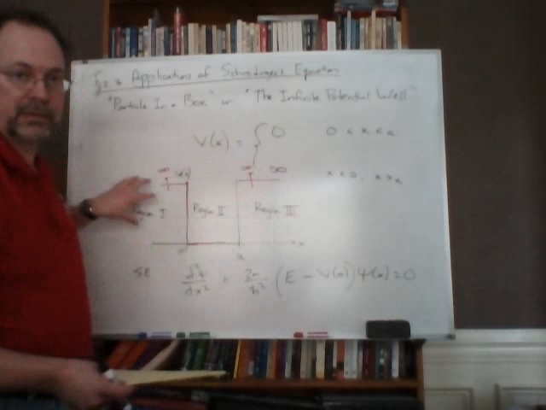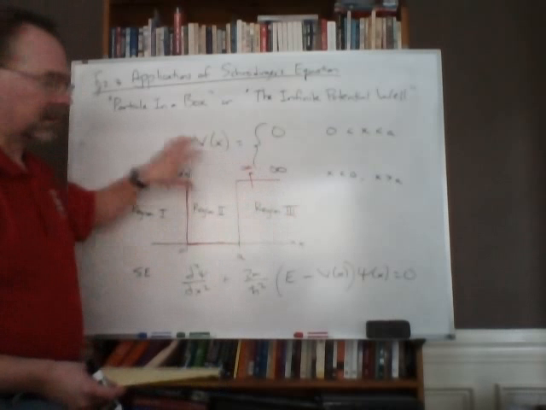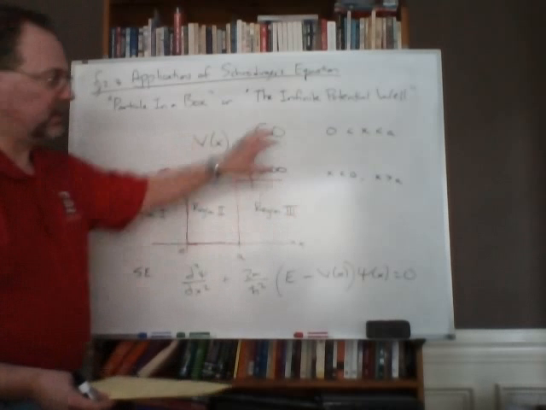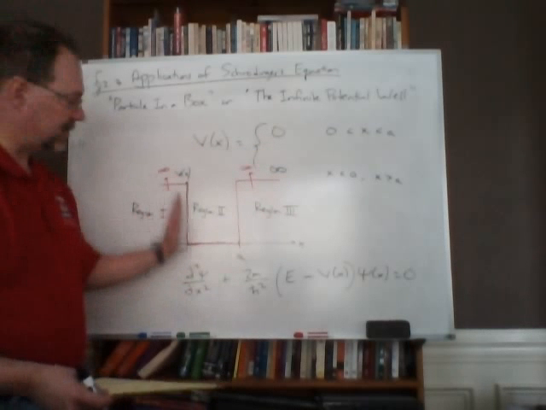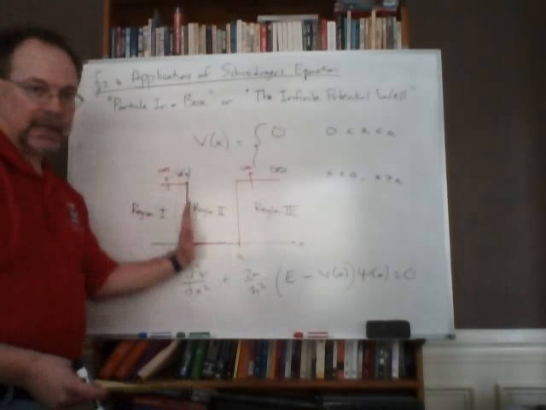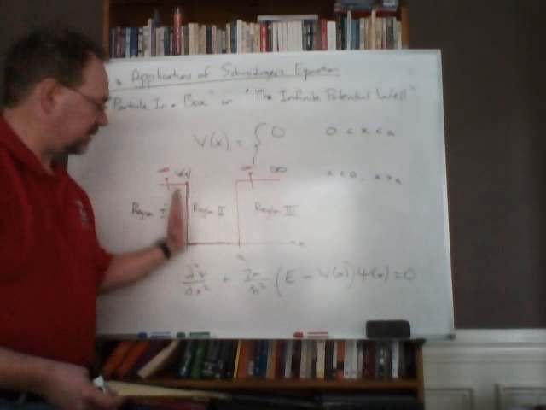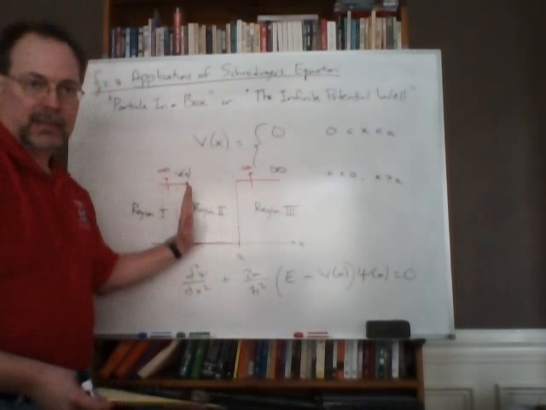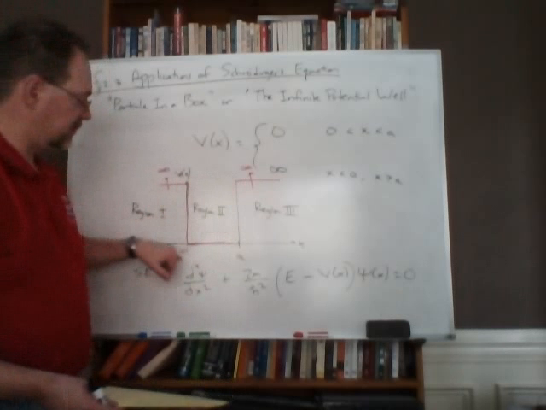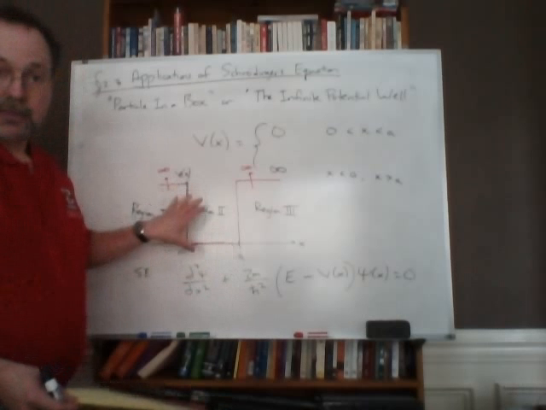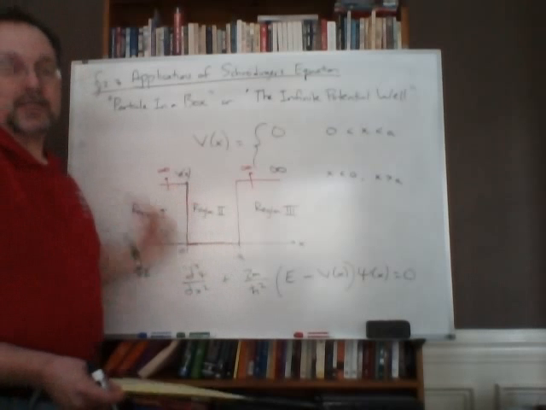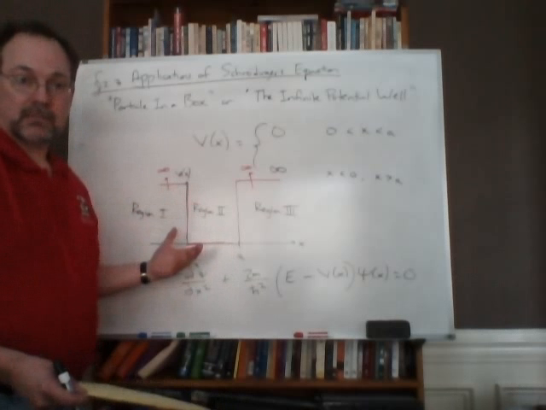So there'll be a solution for psi in region 1, a solution for psi in region 2, and a solution for psi in region 3. The boundary conditions will tie these functions together by looking at them at x equals 0 and x equals a, because one of our boundary conditions is that psi has to be continuous.